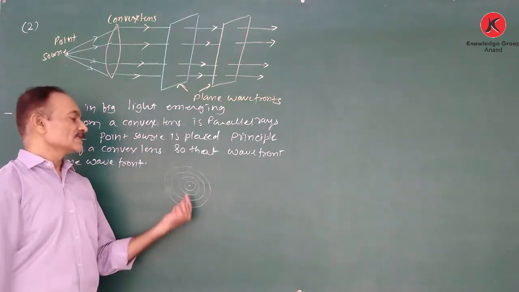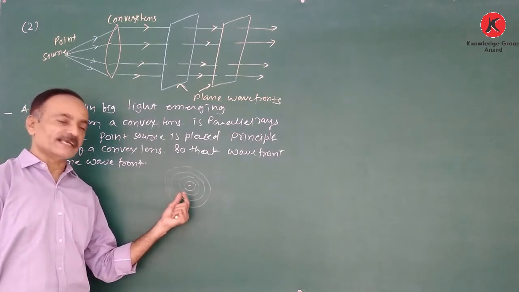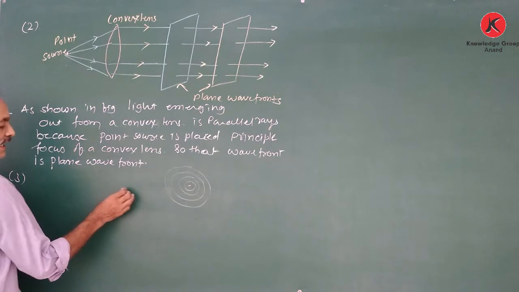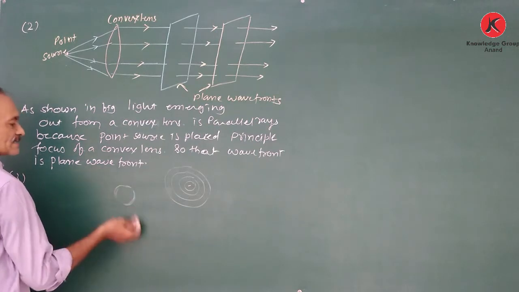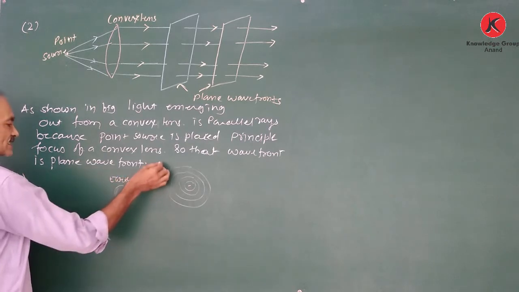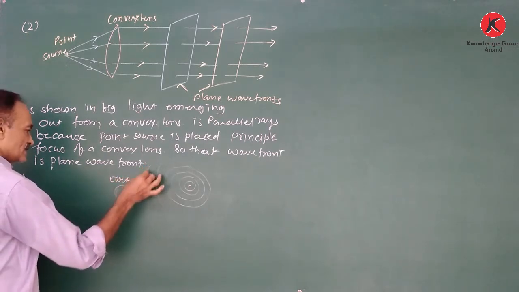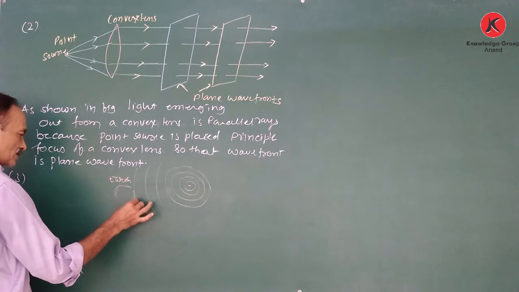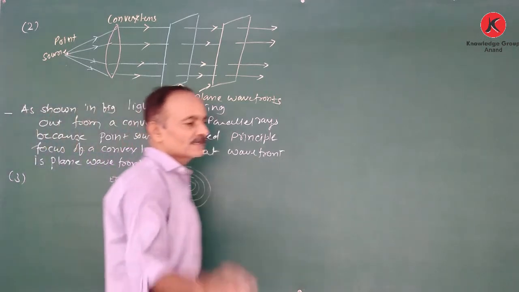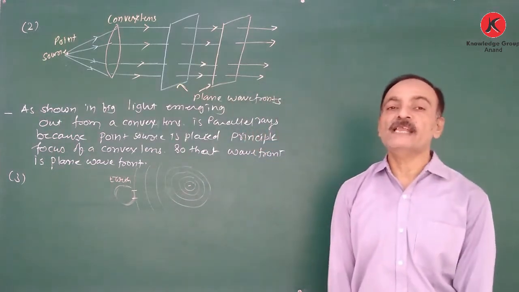Therefore, actually, spherical wavefronts are generated from the star. But our Earth is at a very large distance from the star. So when this spherical wavefront reaches the surface of the Earth, a small portion of this spherical wavefront is observed as a plane wavefront.